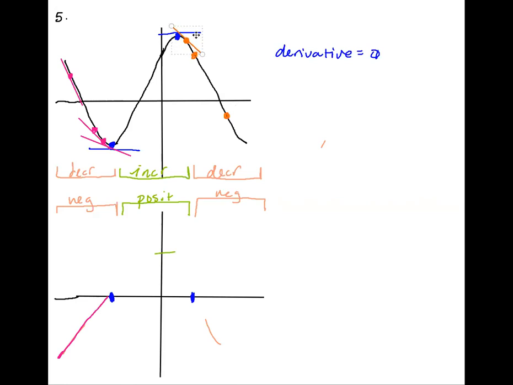Maybe this line looks like this, and then this line looks like this, and then this line looks like this. So it's getting more and more negative. So we're just going to do the exact same thing. It starts off less negative and it gets more and more negative. So it looks something like this.